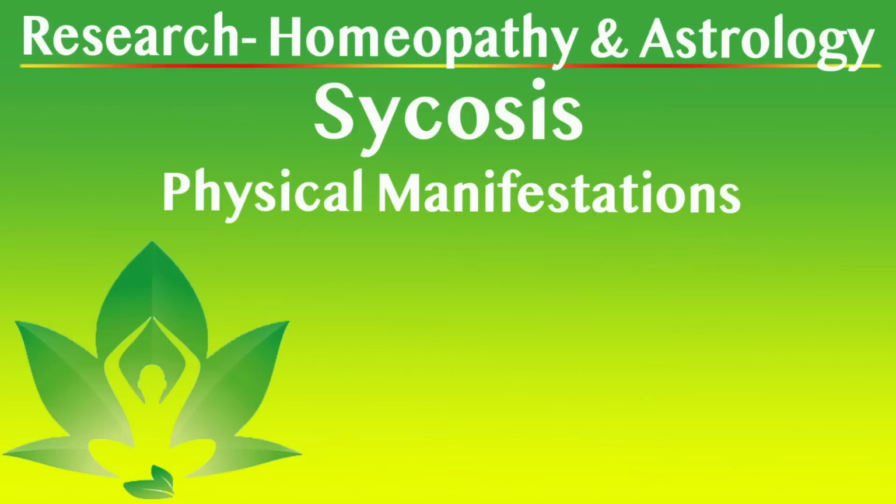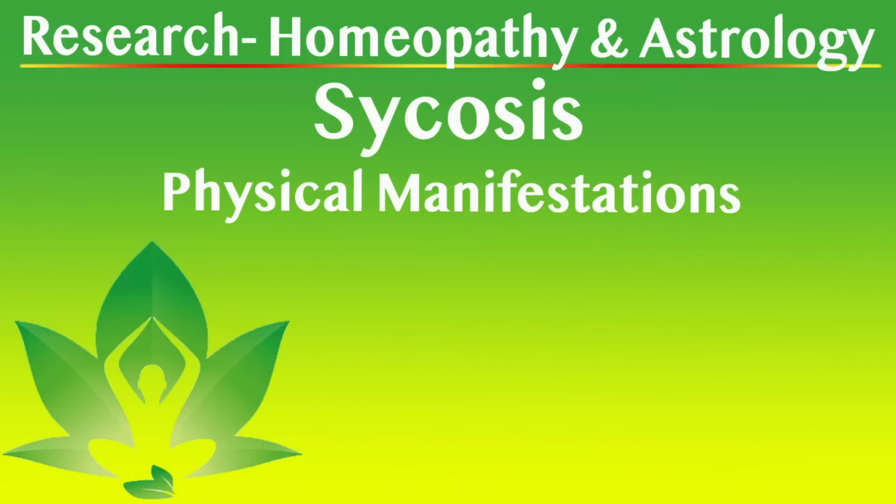Jupiter exaggerates growth and expansion. When combined with Mars, it amplifies inflammatory responses, leading to excessive swelling and prolonged inflammation in the body. Moon controls bodily fluids. When afflicted by Mars or Jupiter, the Moon can contribute to fluid retention and swelling, especially in soft tissues and joints.